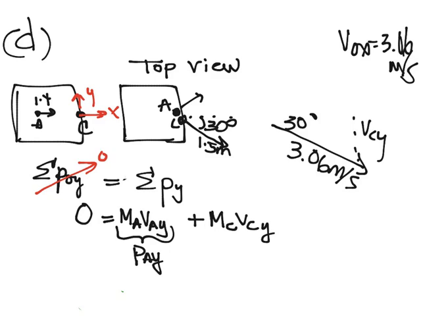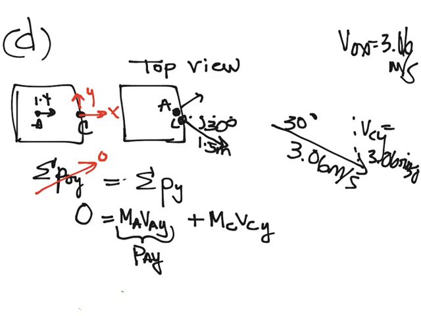So VCY will be equal to 3.06 times sine 30. You should remember from special triangles that the sine of 30 is equal to 1/2.